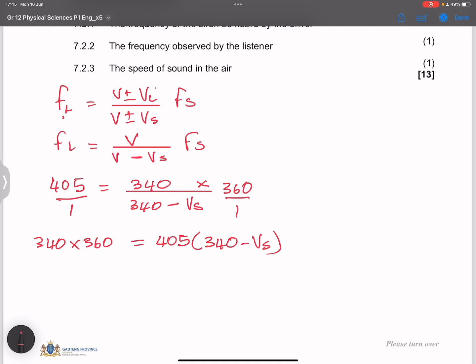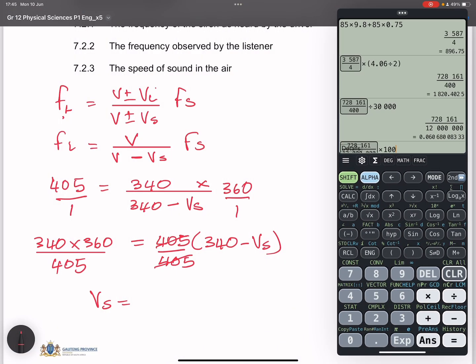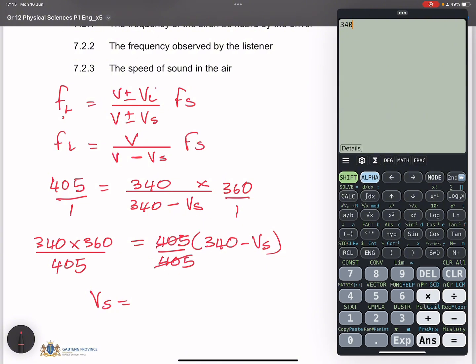All right, so that makes it easier. If I divide by 405, and I am going to subtract 340, so that cancels with that. So let's find out what vS would be. We've got 340 times 360 divided by 405.